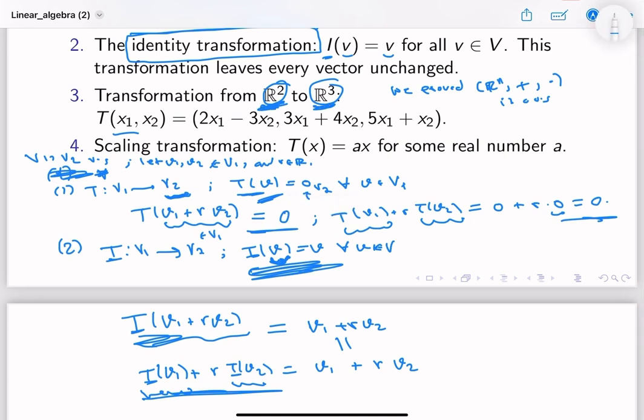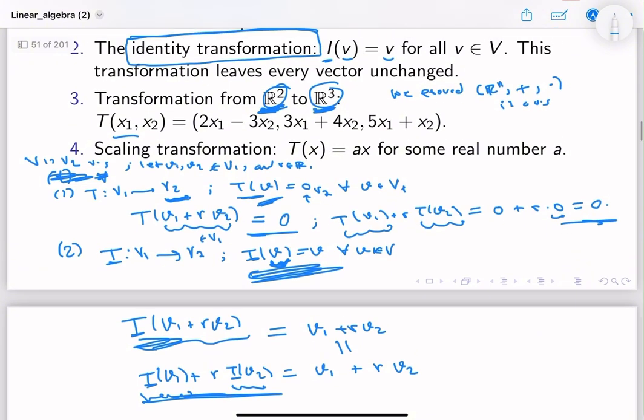So let us see why this is the case. Why is this map a linear transformation? Well, I don't want to write details here because it's kind of getting messy, but let me just show you why it is the case.